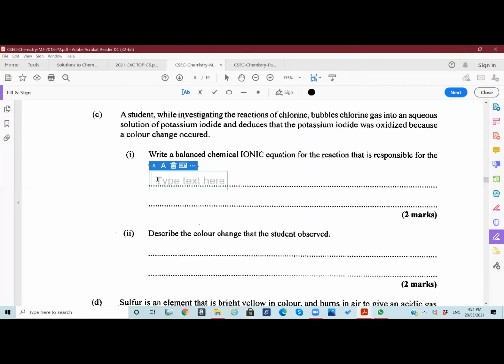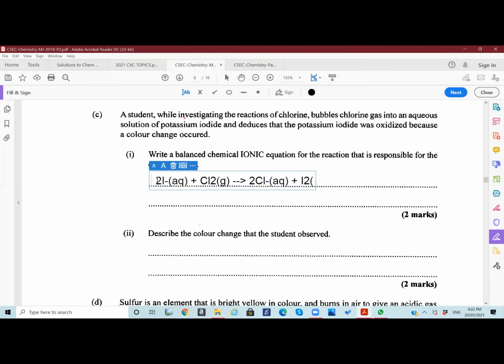Your ionic equation should look like this. Two iodide ions, Cl2 gas, Cl minus aqueous.